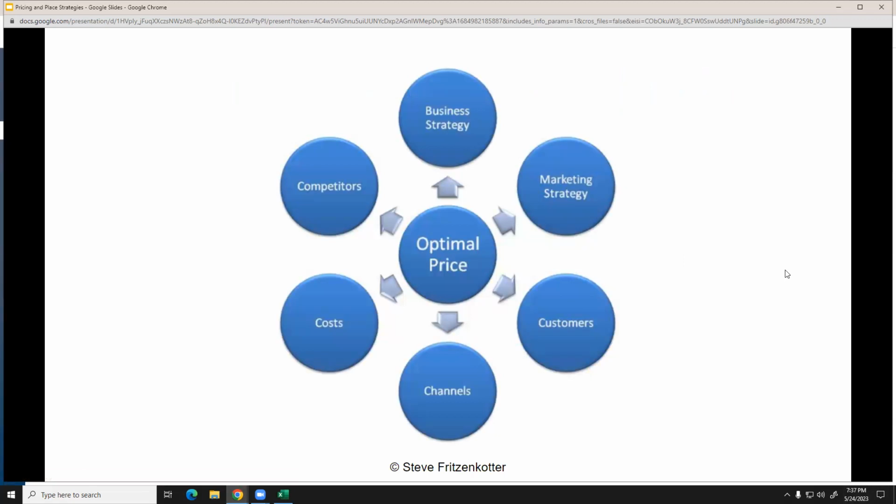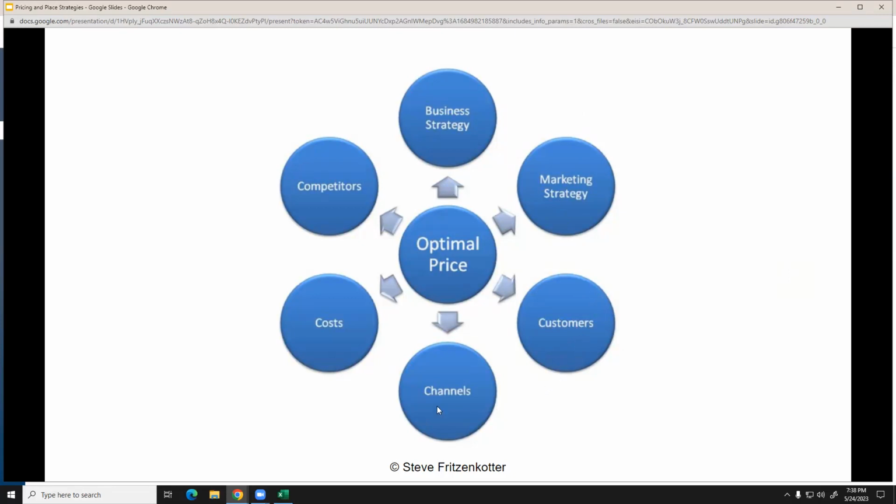What factors influence pricing? Well, the business strategy, where the business is going, the product life cycle the business is currently in affects it. Marketing strategy affects pricing. How you are positioned in the market affects your pricing. The customers affect the pricing as to what they will buy and what they won't buy, and what price factors affect their purchases and their behavior.